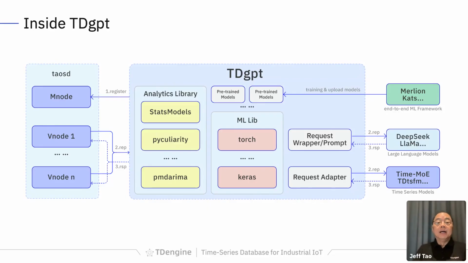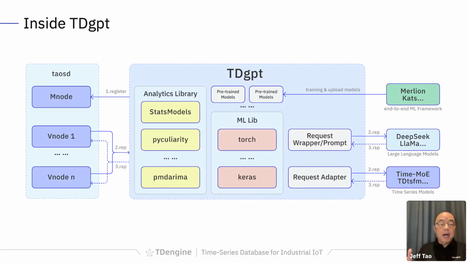Once you upload it, it will work automatically. Please check out the user manual to find out how to upload your pre-trained machine learning model to TDgpt. We provide the details. That's the machine learning part.